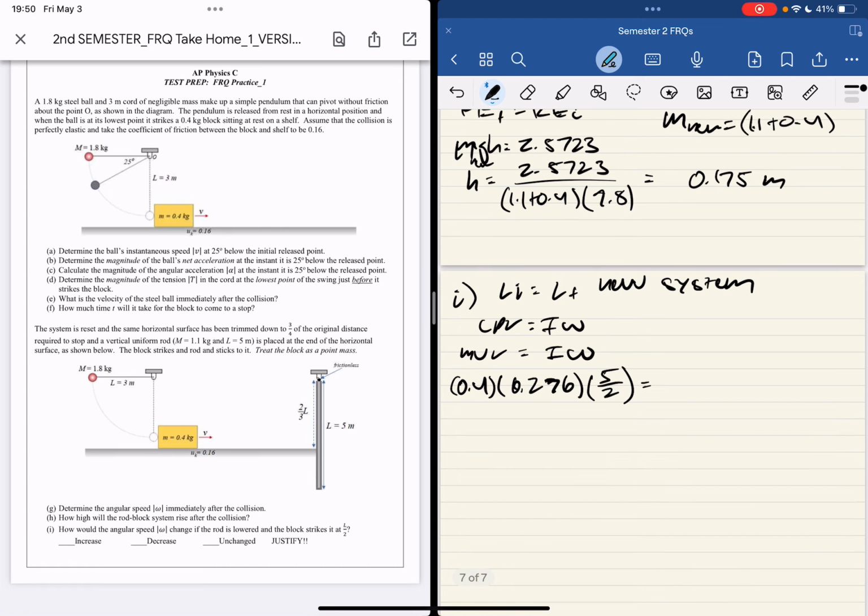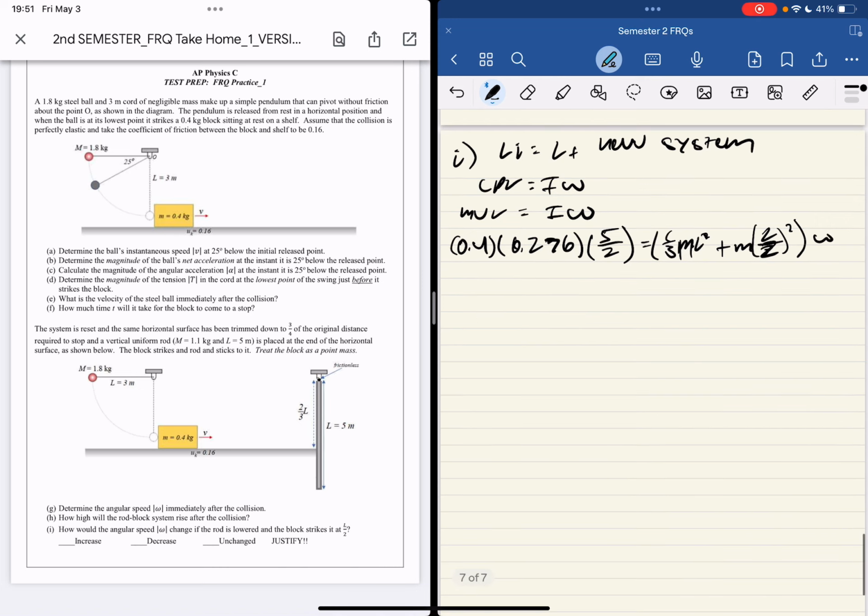The I is going to be 1/3 M L squared for the rod, plus m for the block, and the r now is going to be L over 2, L over 2 squared, times omega.